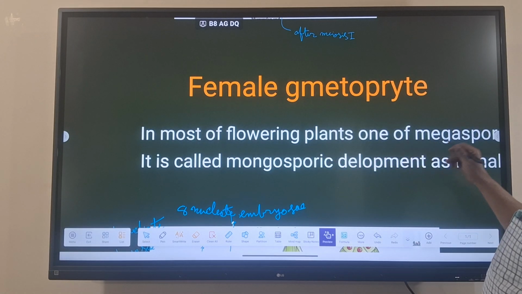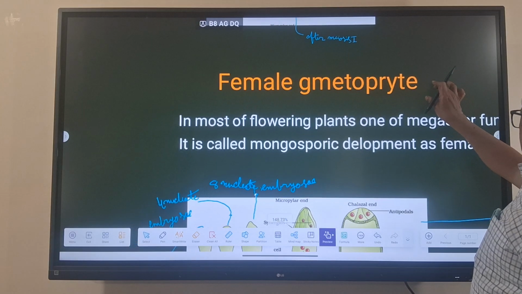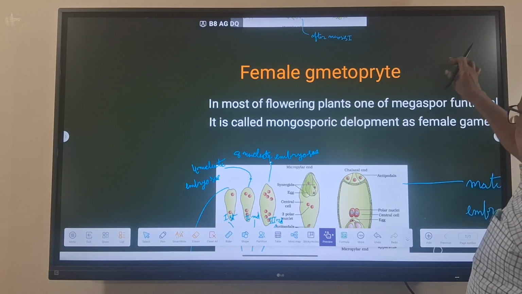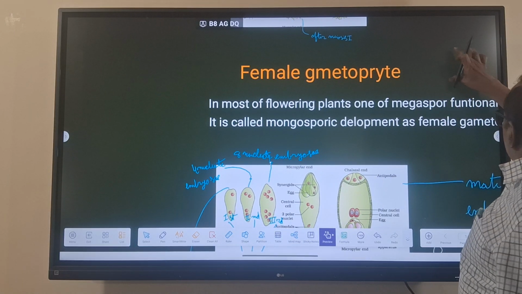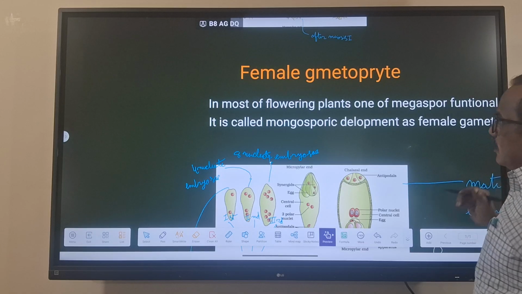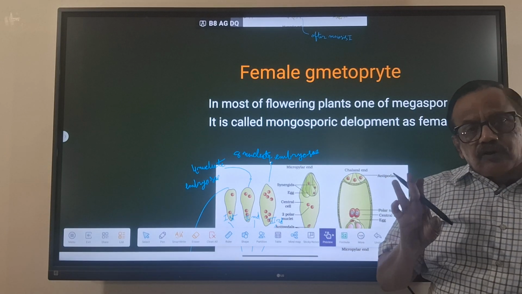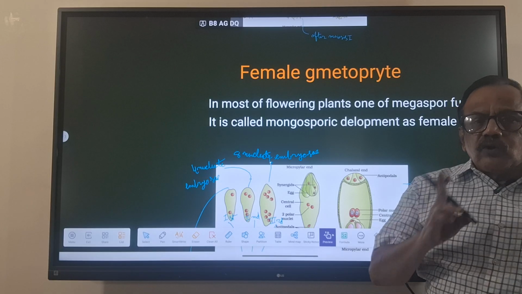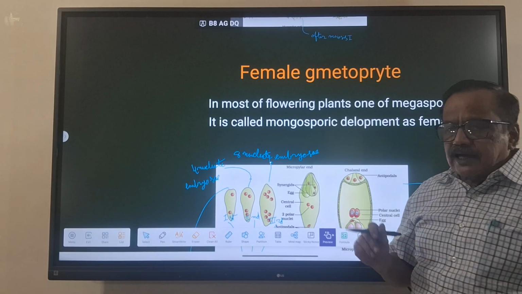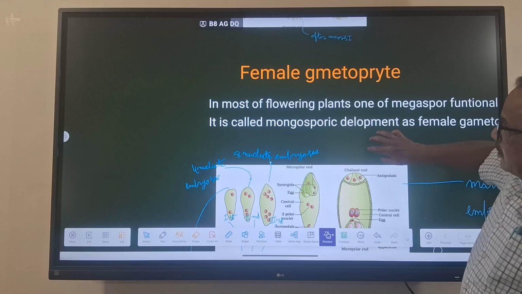In most of the flowering plants, one of the megaspores forms a functional one. How many are formed? 4. Out of that, only one will become functional.